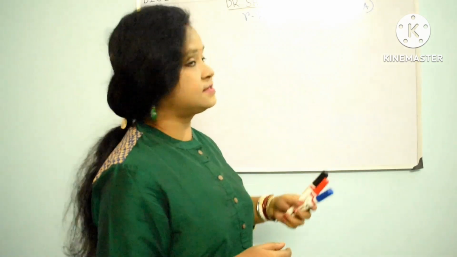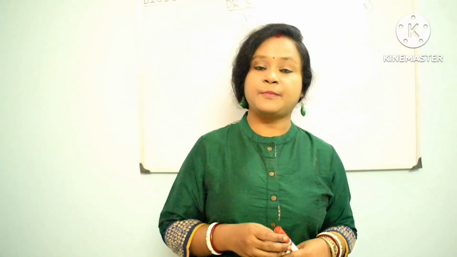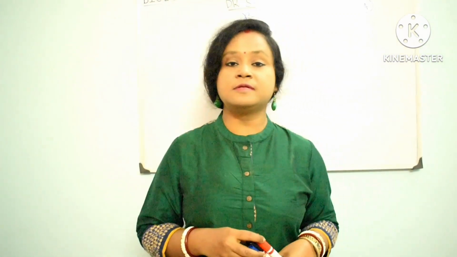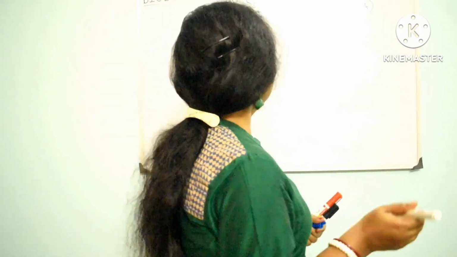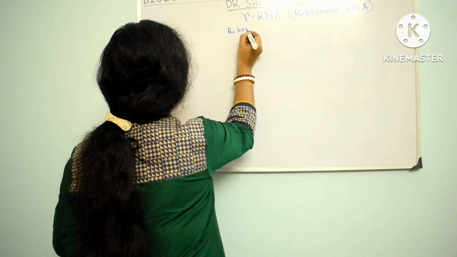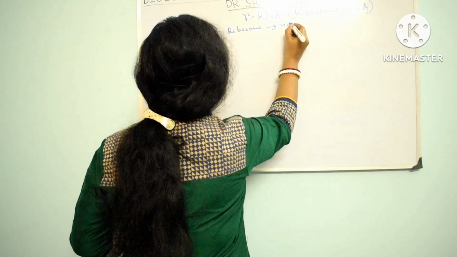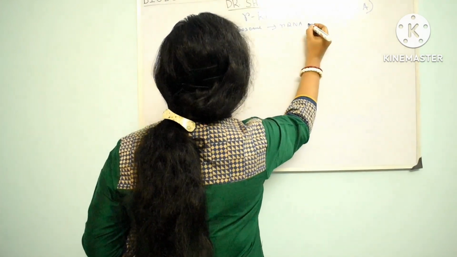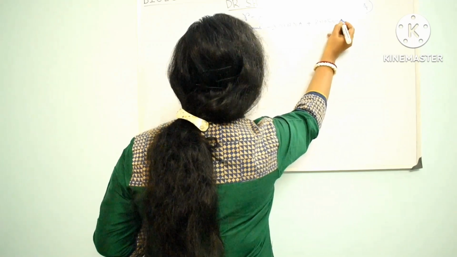Ribosomal RNA, as the name suggests, is found in the ribosome. From cell biology, we all know about the ribosome, and we also know that the constituents of the ribosome are rRNA and protein.